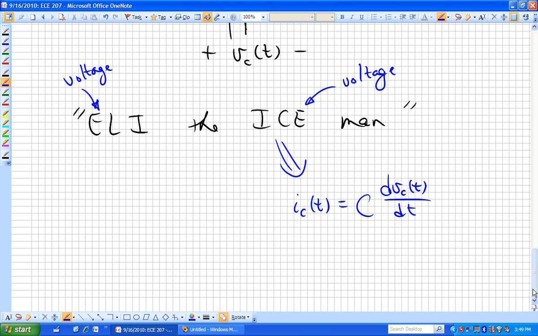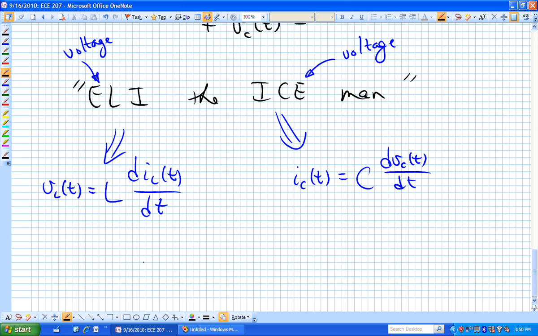That's ICE, and what we will subsequently develop is the current-voltage relationship of an inductor, which is V sub L, or E, and now we use the same structure. On the right-hand side of the equality sign is L, di sub L of t dt. So there's ELI and ICE, ELI the ICEman. Now you can hopefully remember, oh, it's V is equal to L di dt. That's the inductor current-voltage relationship.